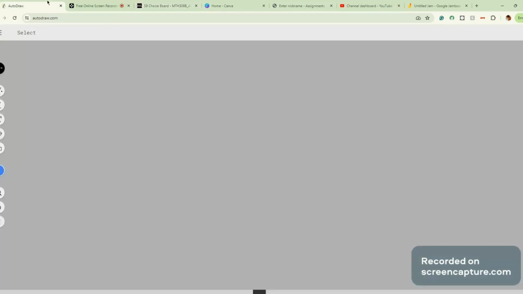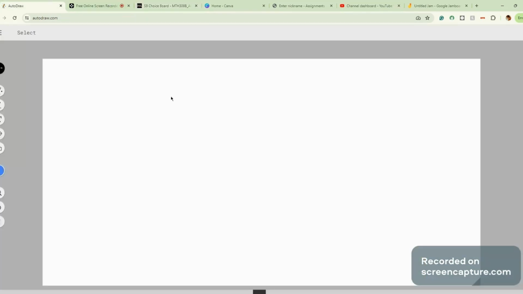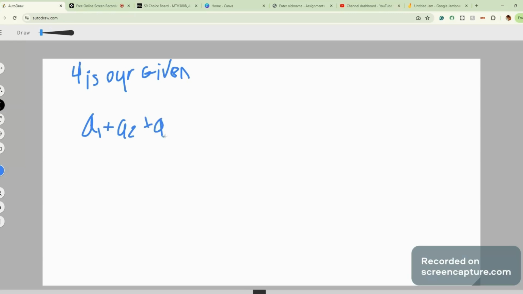So anyways, without explaining further and losing it again, and hopefully this file doesn't corrupt, so we know that 4 is our given term, and obviously we have our A1 term, which is 4, plus our A2, and then our A3, I hope that's correct, which is all supposedly supposed to equal 28.